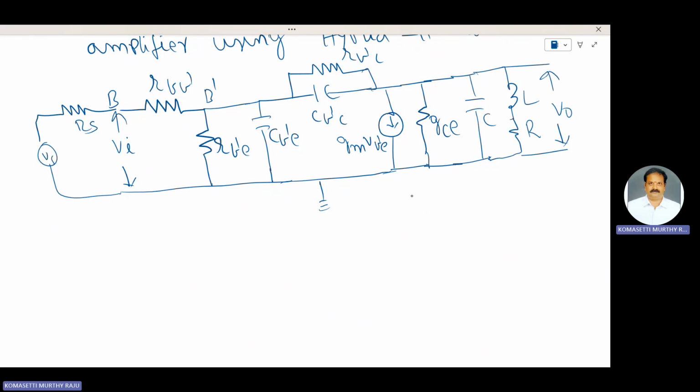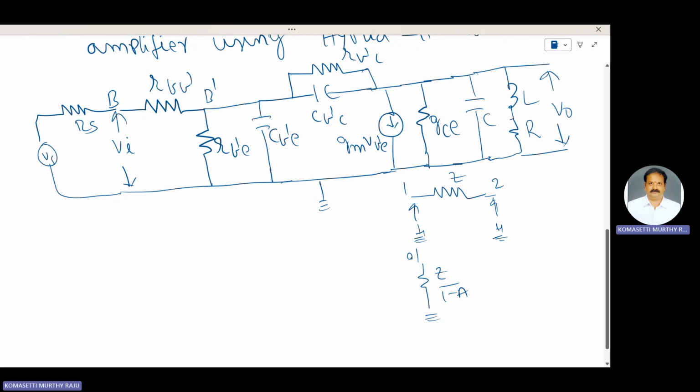According to Miller's theorem, if an impedance Z is connected between two nodes, node 1 and node 2, it is replaced at the input side by Z by 1 minus A.